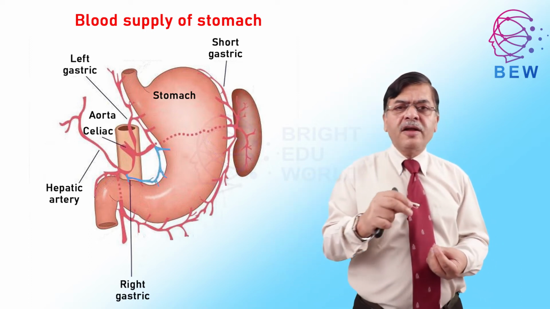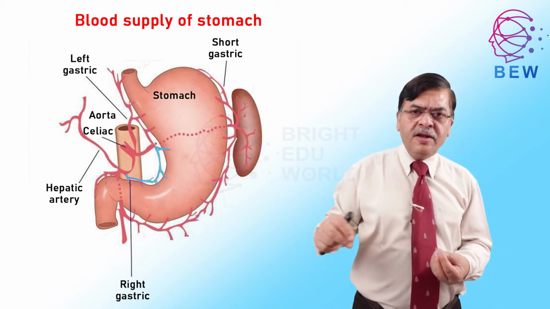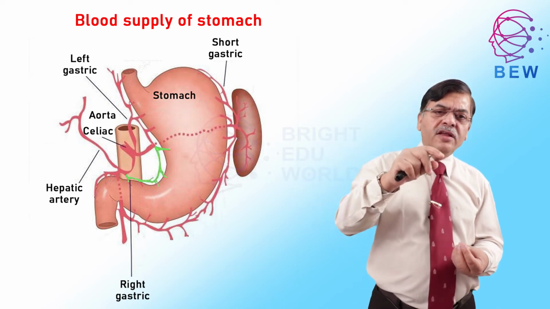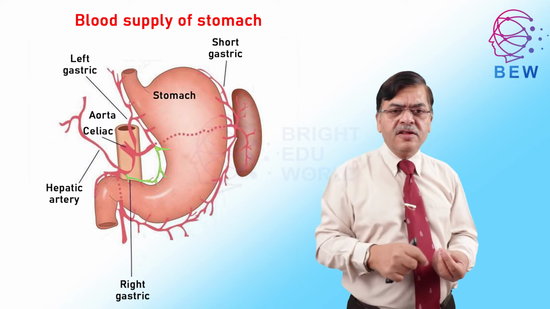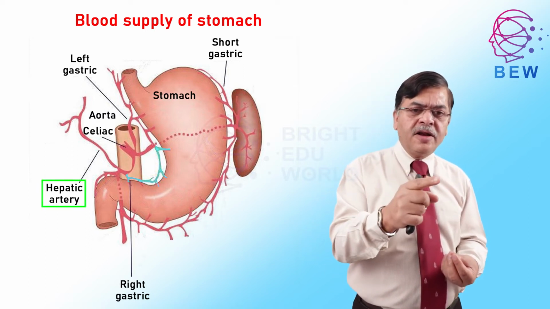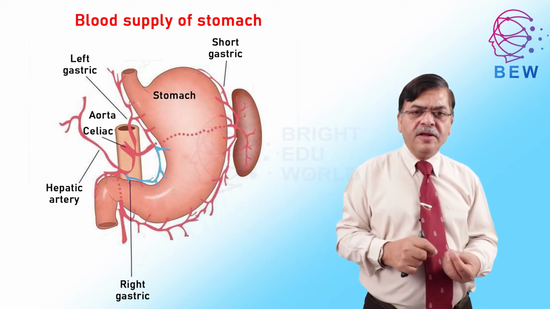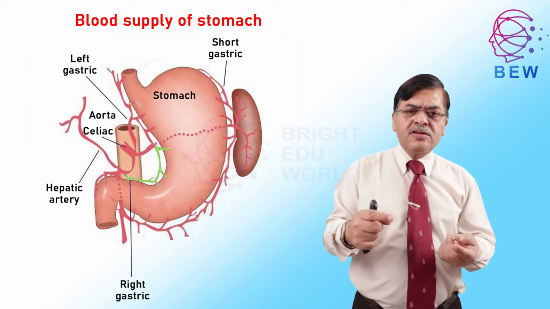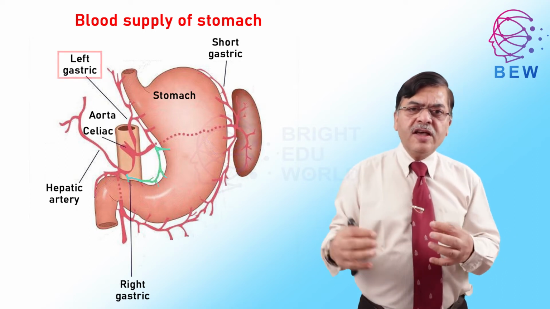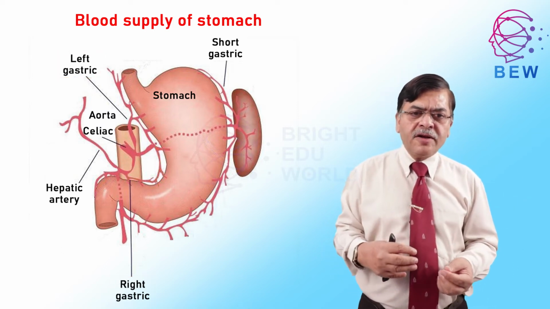That right gastric artery runs towards the left side and runs along the lesser curvature. You can see it in this picture. It is taking origin from the hepatic artery, and then it is turning towards the lesser curvature. So there is a good anastomosis, or good collaterals, between the left gastric artery and the right gastric artery. So these are the two main arteries.